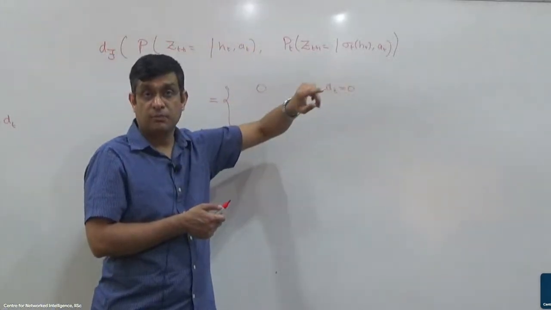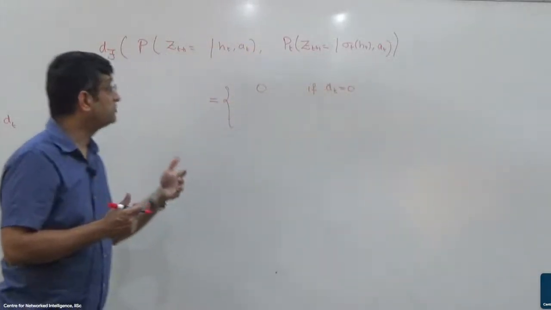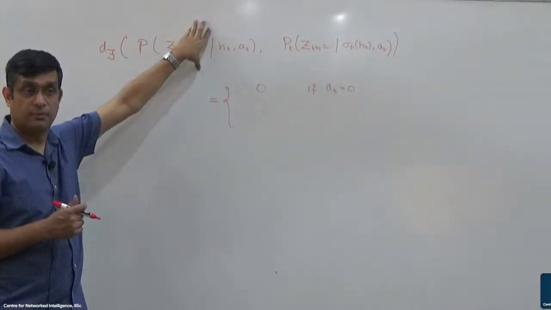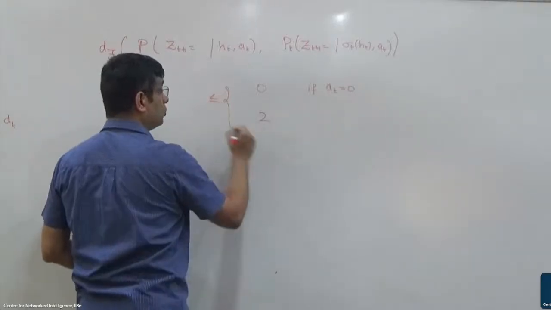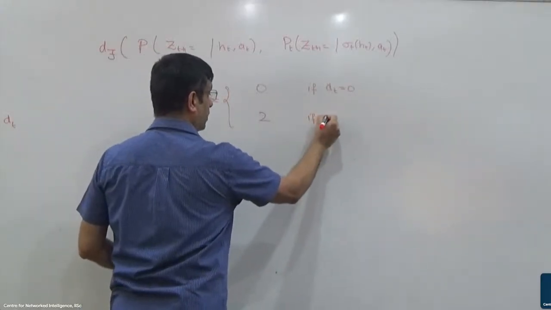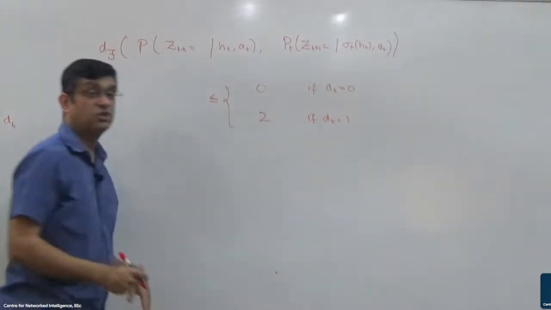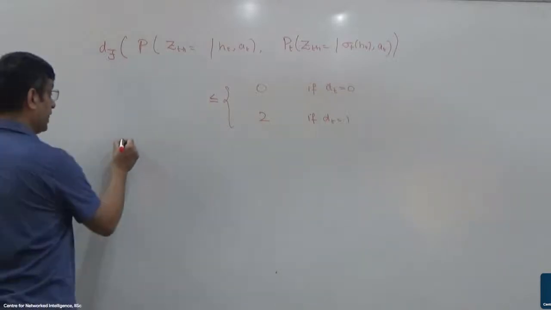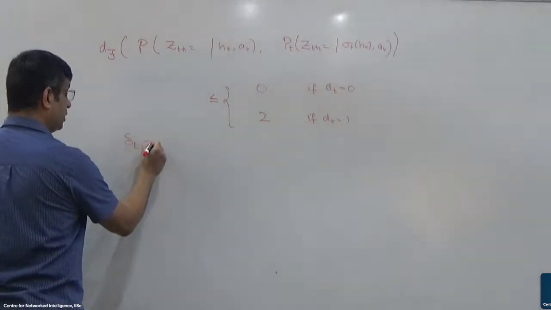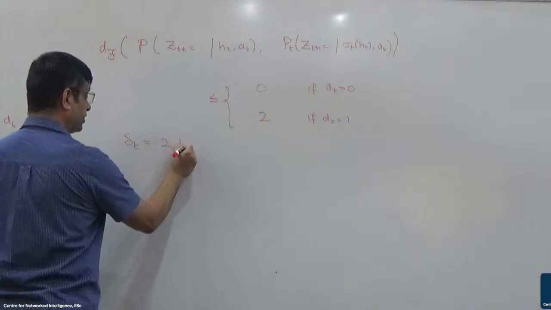But what I can do is take something like total variation. Then I know this is going to be less than or equal to 2 if dt equals 1. That's the maximum value of total variation. So I can take delta t to be equal to twice dt.